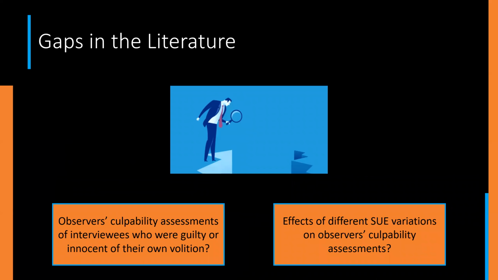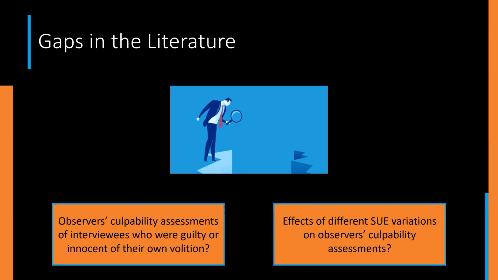However, there are some gaps within the SU literature. Specifically, observers are usually making assessments of interviewees who had undergone a mock crime paradigm and who were explicitly told to lie or tell the truth.